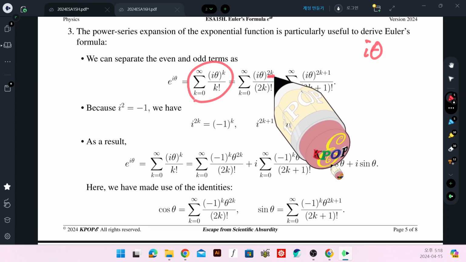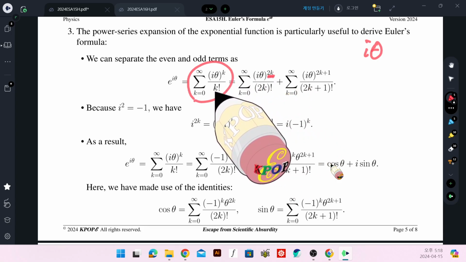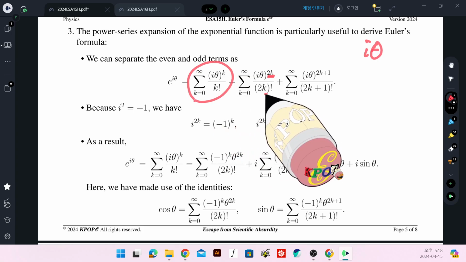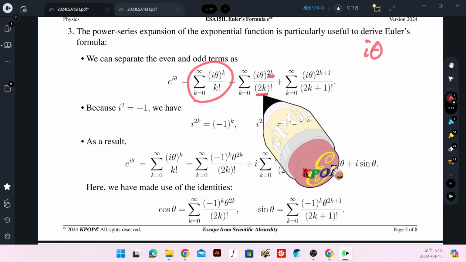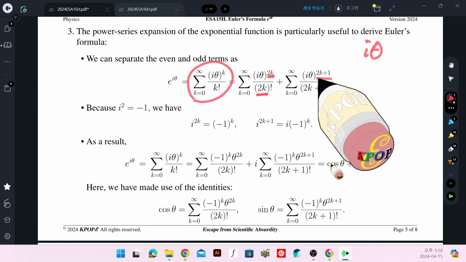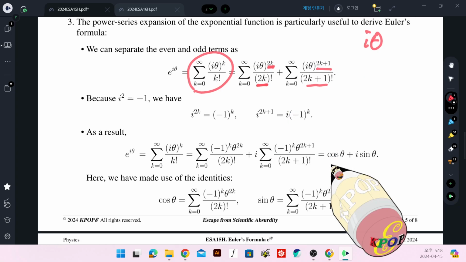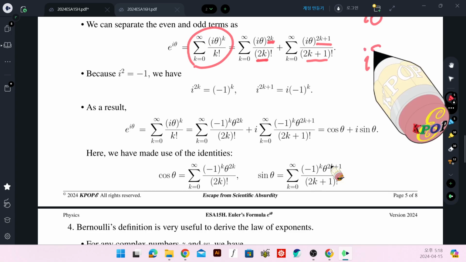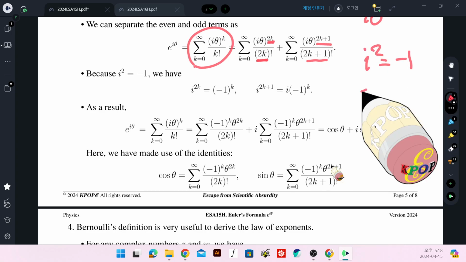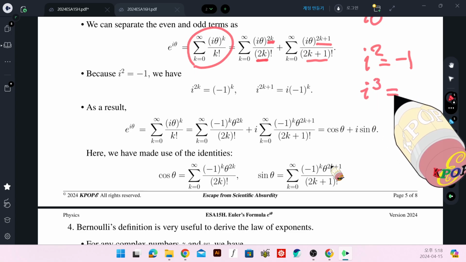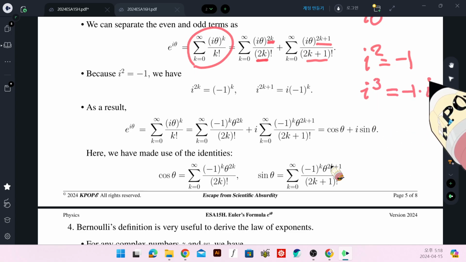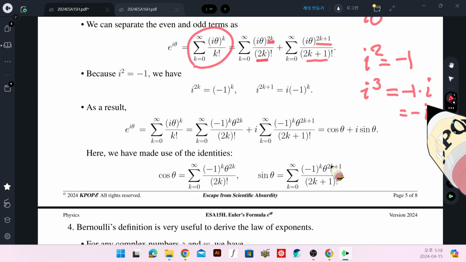Now we have even powers, and in the denominator, k is replaced with 2k, and odd powers. We know i squared equals minus 1. So i cubed is minus 1 times i, that is minus i, something like that.